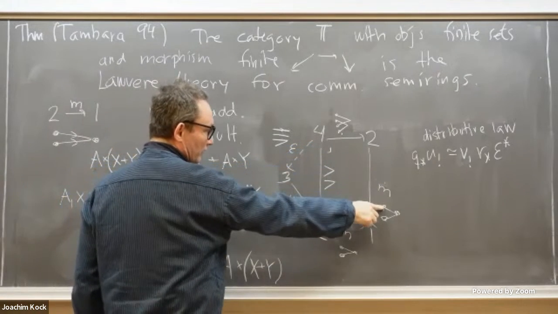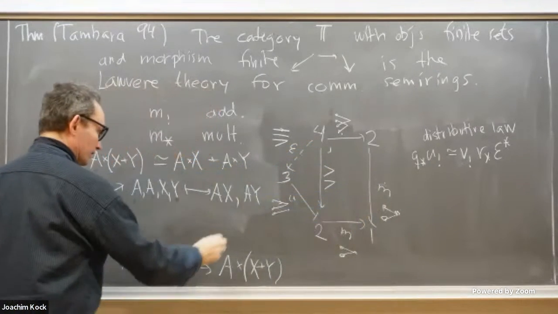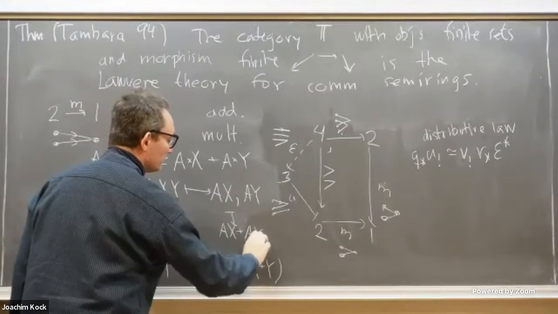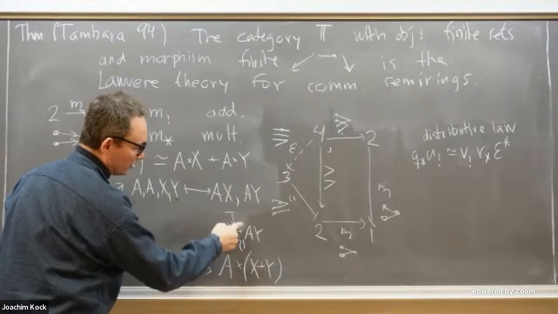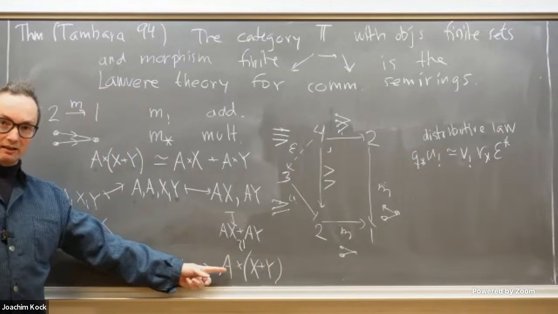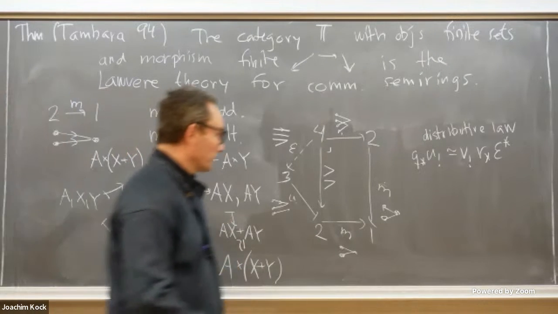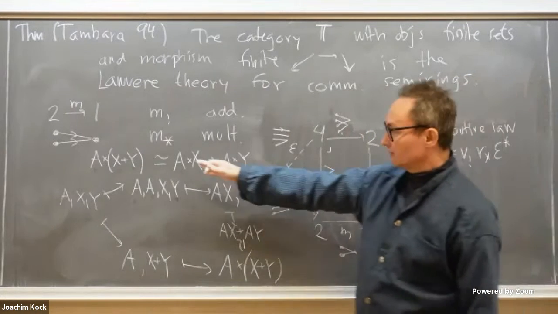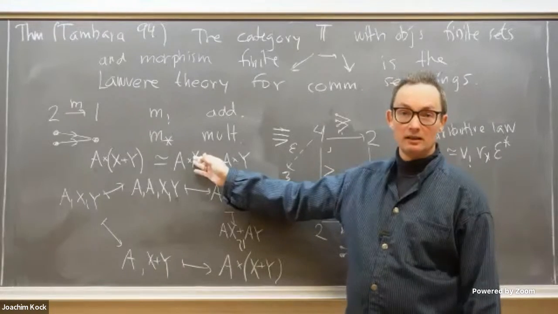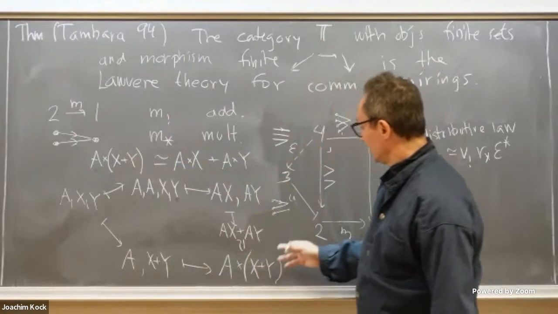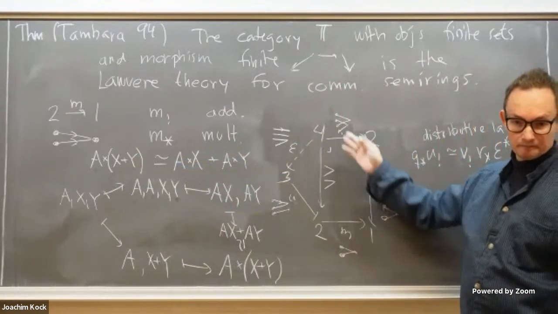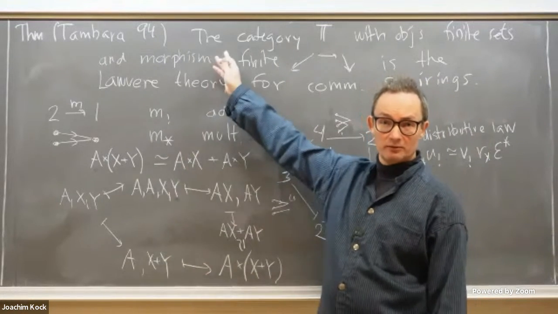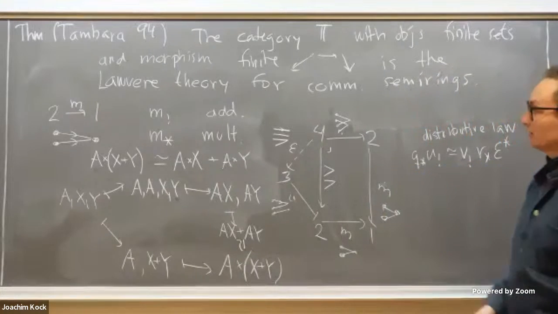And finally, this one is a lower shriek operation, so we're just summing these. The distributive law now says precisely that these are canonically isomorphic. So this abstract distributive law specializes to the usual distributive law when we give it these maps as inputs. This is the main argument that goes into Tambara's theorem.